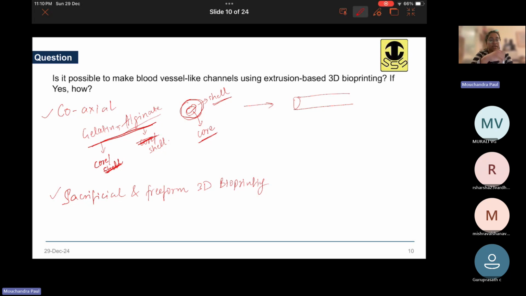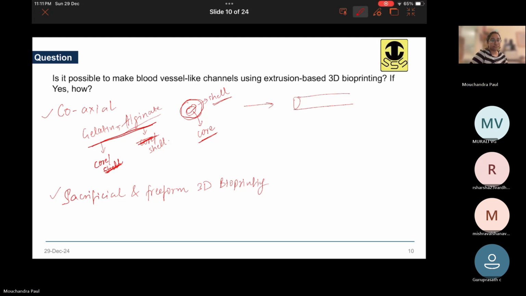And the ink that you deposit can be washed out to create a hollow structure inside the support bath. Or you can wash out the support bath and keep the bioprinted structure that you made with another material intact. So both ways can help you create channel-like structures.